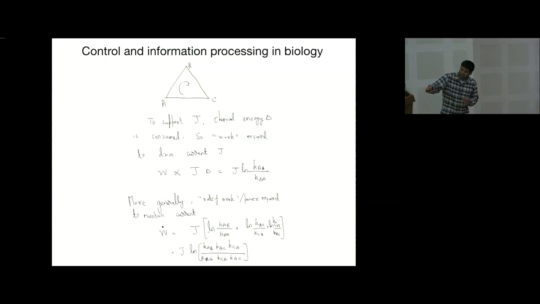So if you go clockwise and go counterclockwise, you end up with the same energy difference, and so this term drops out, and the power required to sustain something in equilibrium is 0, which is consistent with our intuition. And if you go out of equilibrium, if this ratio of rates is different from this ratio of rates, then you require a non-zero power in order to sustain currents.